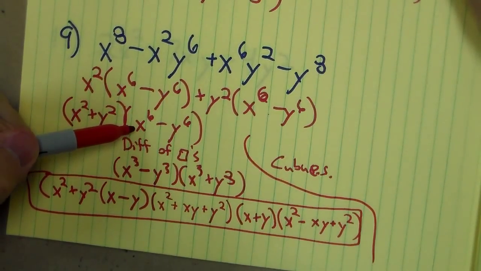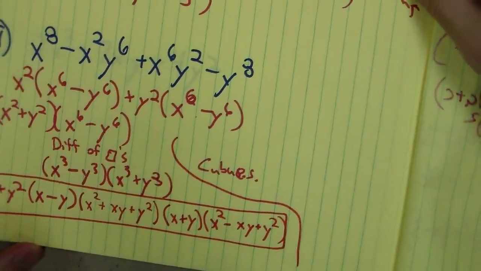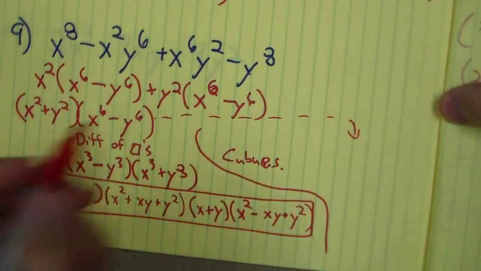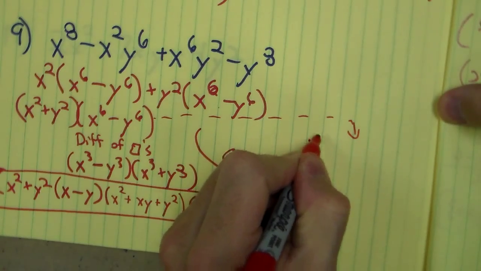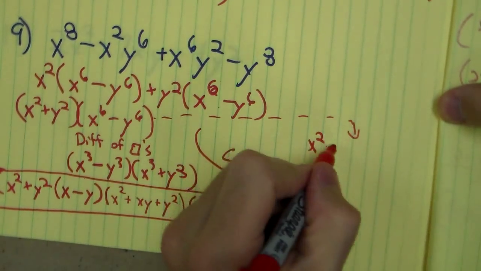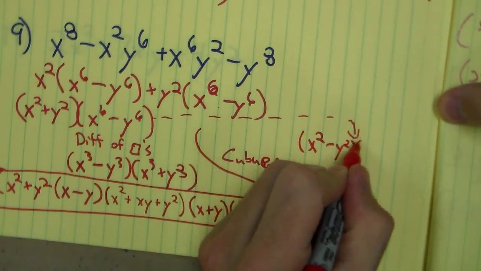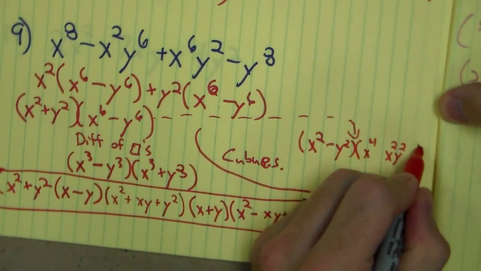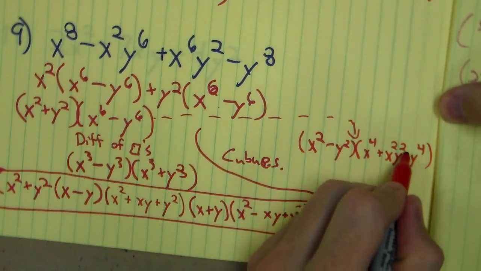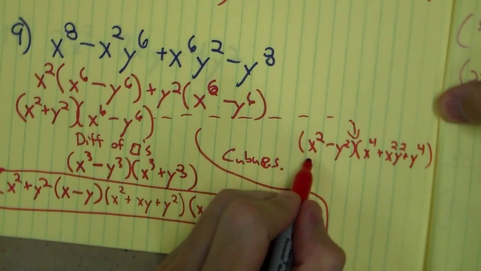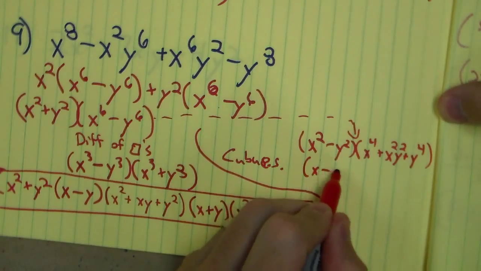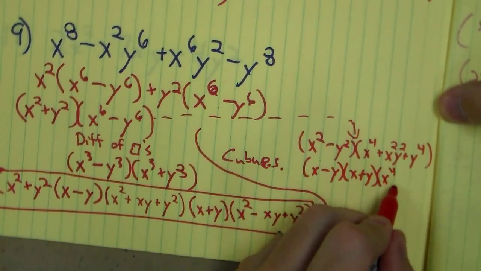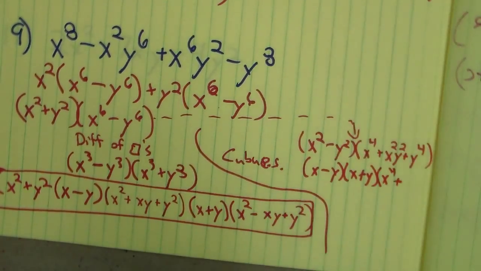If we just treat this as cubes, then this becomes x squared minus y squared, x to the 4th, x squared, y to the 4th, opposite sign, same, always positive, which becomes x minus y, x plus y, bring x to the 4th plus.